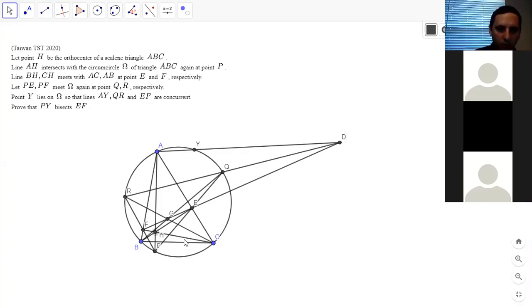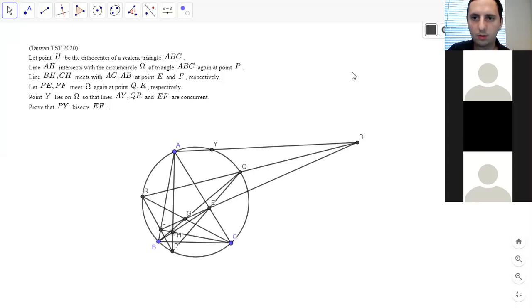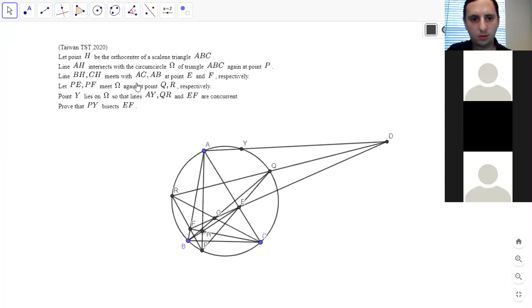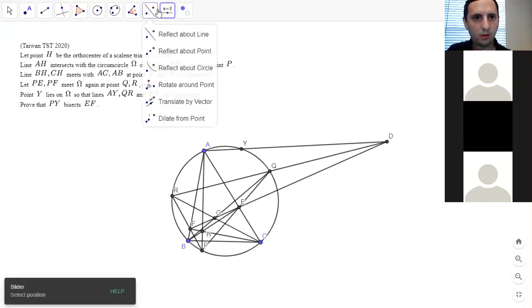So how do you know that FG is equal to GE? And then how do we know that PG and Y are collinear? Okay.